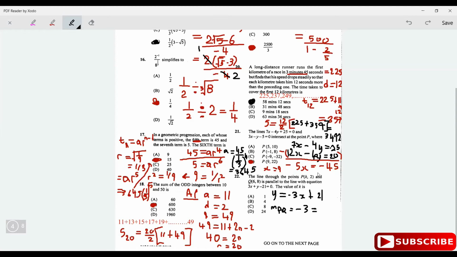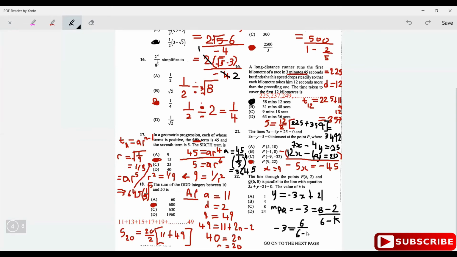So it's 8 minus 2 over 6 minus k, and that is negative 3. 8 minus 2 is 6. And so what we get is negative 3 is equal to 6 over 6 minus k.